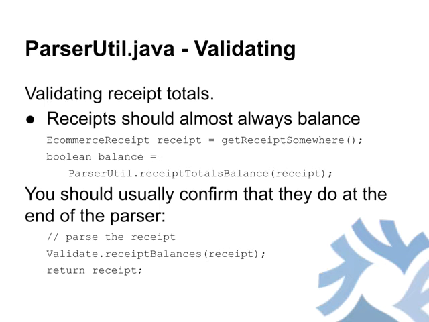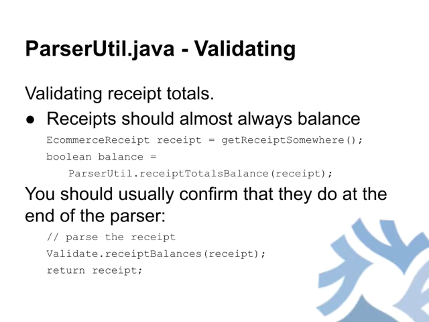Another thing that you'll be wanting to do is validating some receipt totals. Most of our receipts, in fact, pretty nearly all of our receipts, should always balance. So if you get a receipt object and you're finished parsing it, you should be able to call ParserUtil.receiptTotalsBalance and pass in the receipt object, and you'll get back a Boolean which is true if the receipt totals balance.